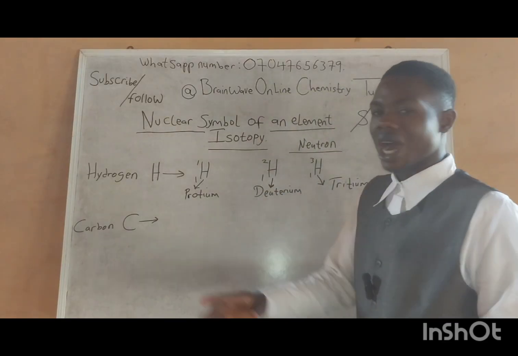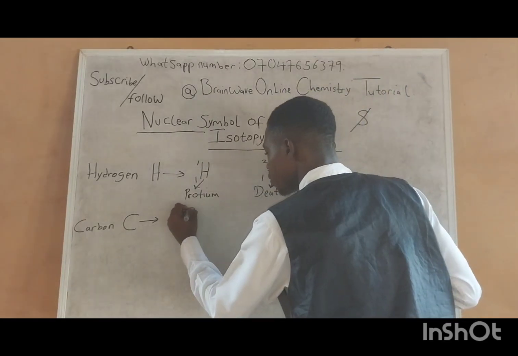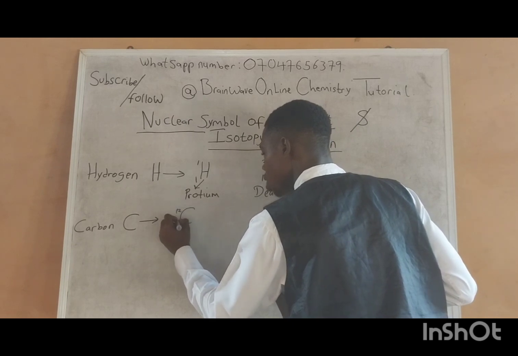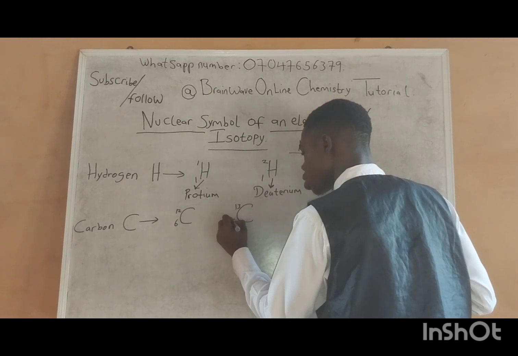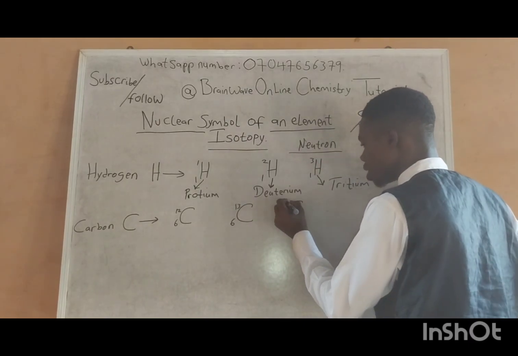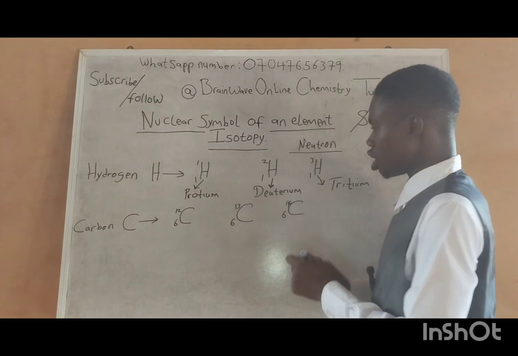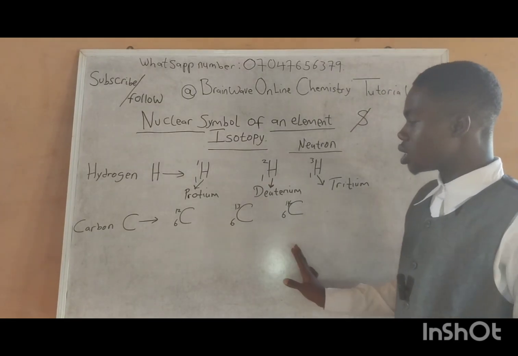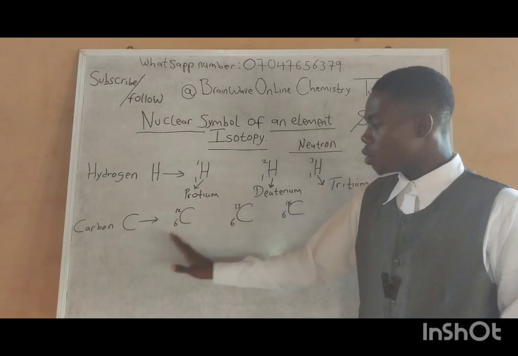Please take note that carbon has 3 isotopes, and they include carbon 12, carbon 13, and carbon 14. Carbon 14 is used for carbon dating. So the 3 of them are the isotopes of carbon. Please take note of this.